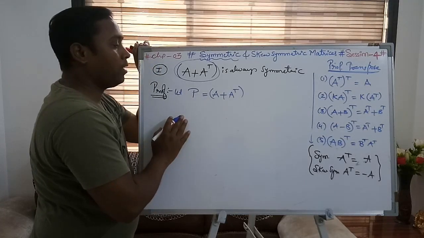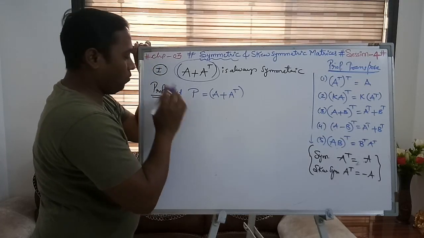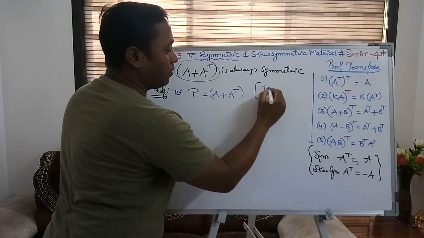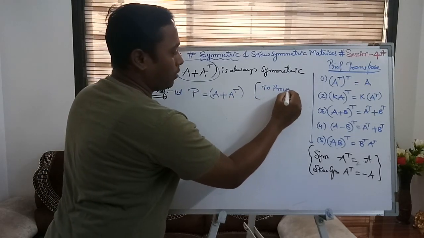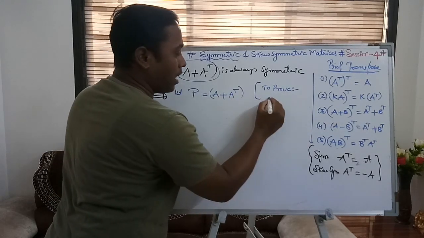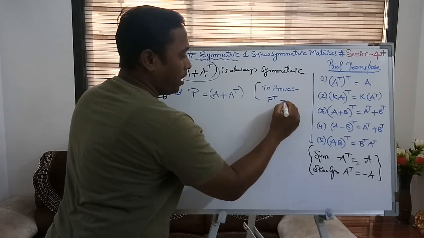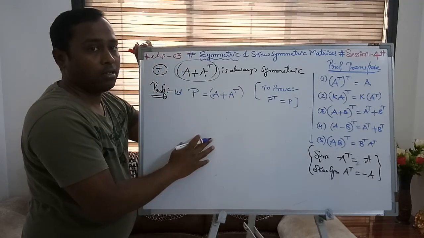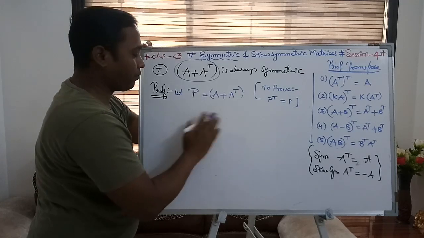Now what do I have to prove? I have to prove that this operation is symmetric, which means that the transpose of P must be equal to P. This is my target.